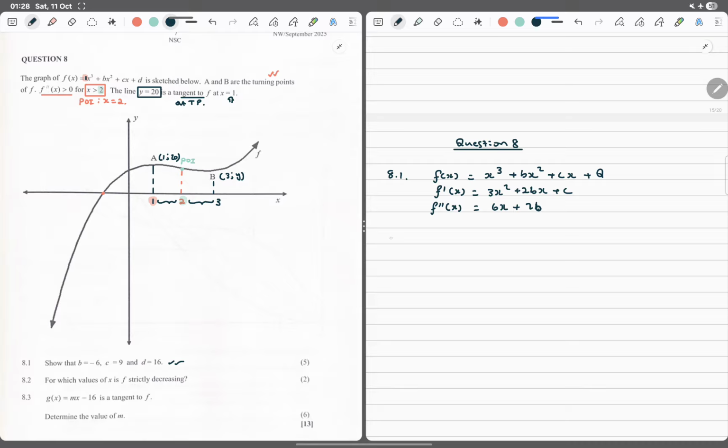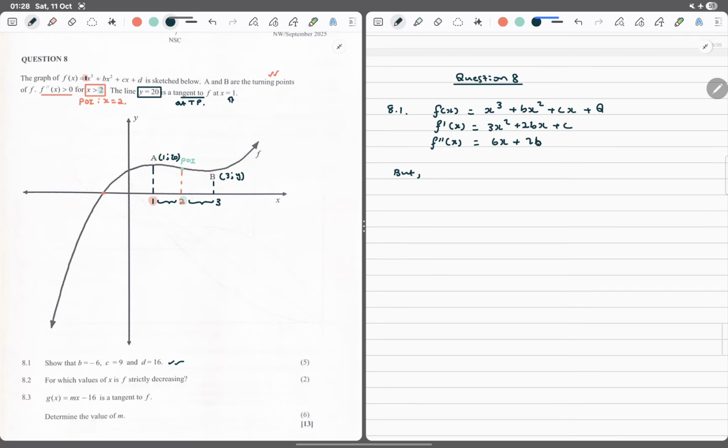So we can say, what do we know? We know that the second derivative when x is 2 is going to be 0. We know that f double prime of 2 is equal to 0. We know that's the point of inflection right there.